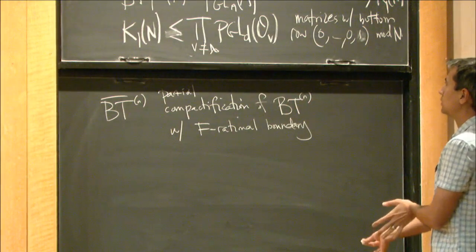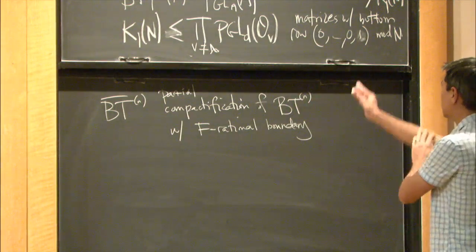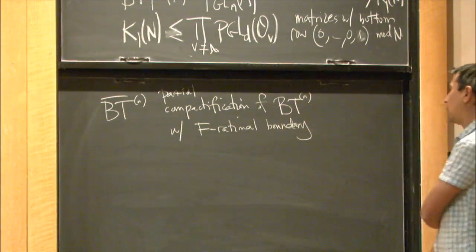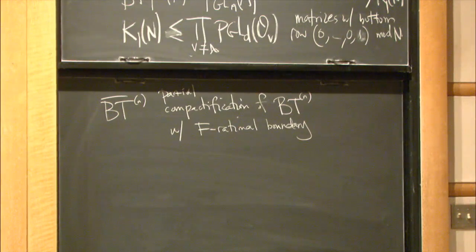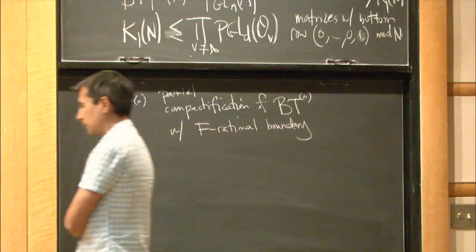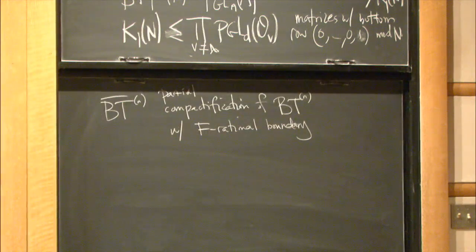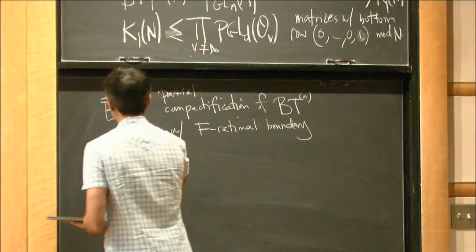So you take the quotient by a congruence subgroup, you get a compact space. It's like you can compactify the upper half plane by adding R union infinity, but that's not good for taking quotients.